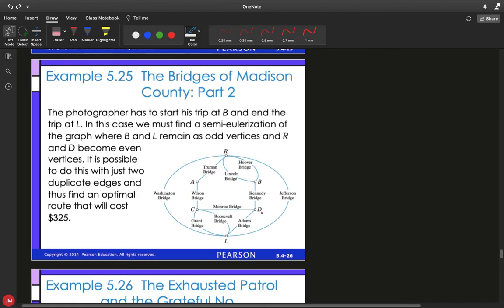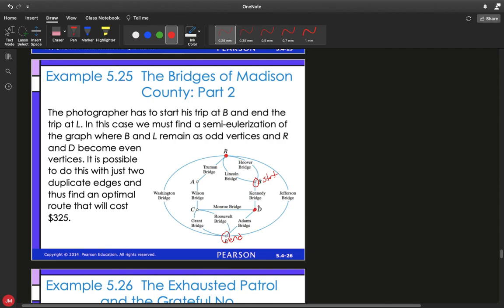So let's say they had to start at B and had to end the trip at L. So we're going to start here, and they're going to end here, which means that these two odd vertices are going to be okay. But that means that now we have to somehow connect R to D. Remember, these were the two other odd vertices.